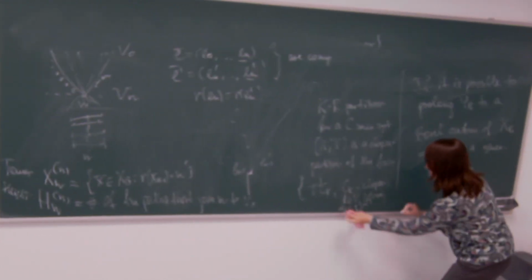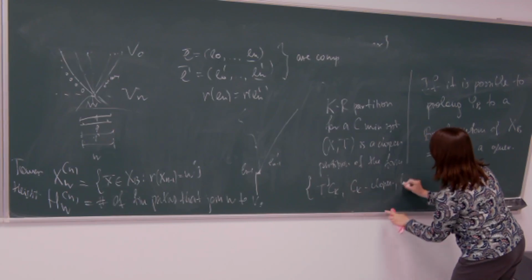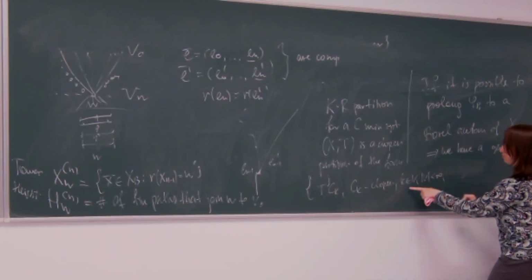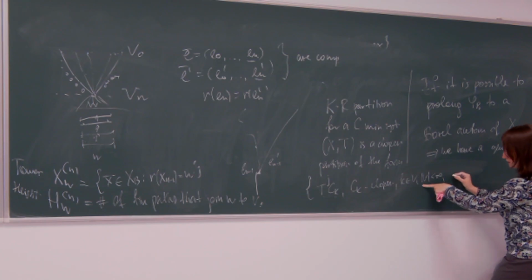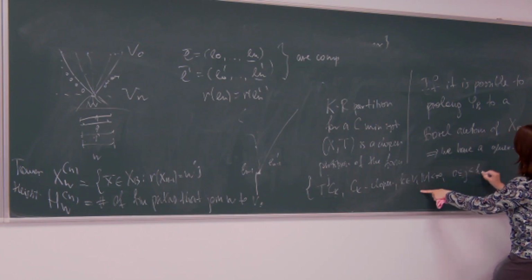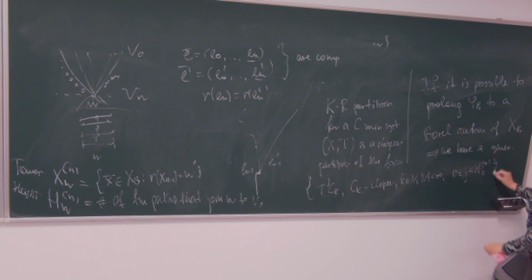So Ck is clopen, and for Cantor minimal systems, k belongs to some finite set of indices, and j changes from 0 to the height which corresponds to k.